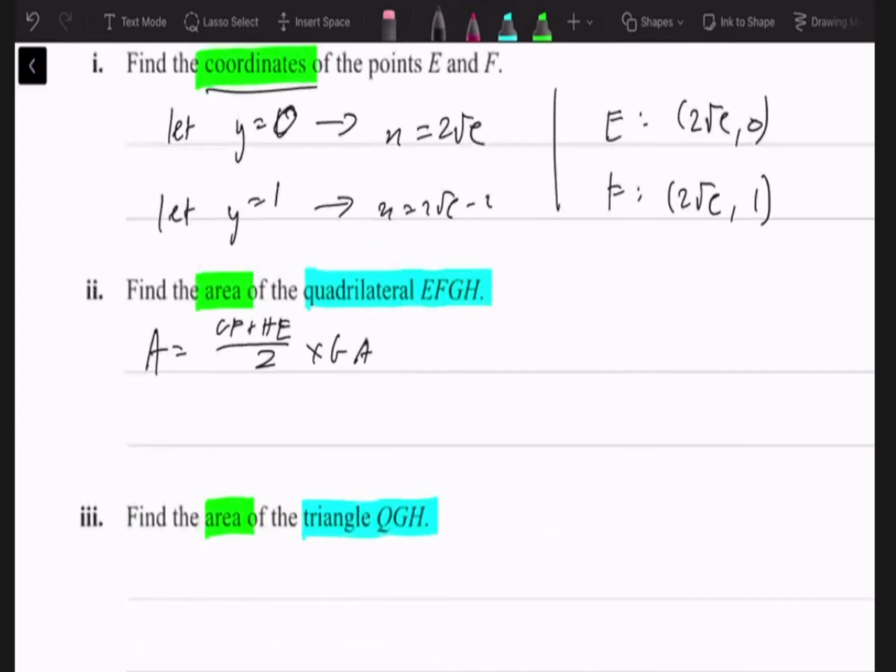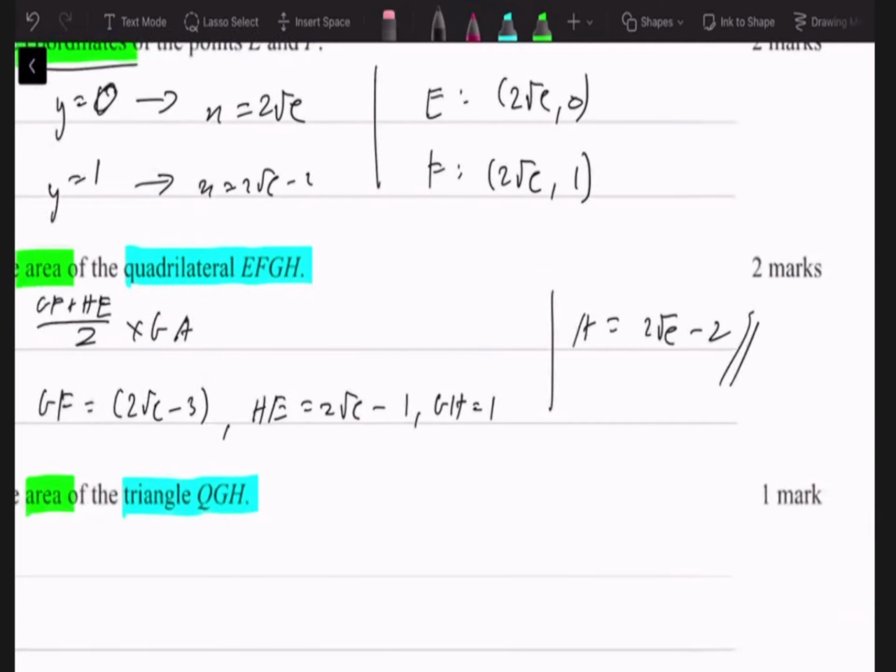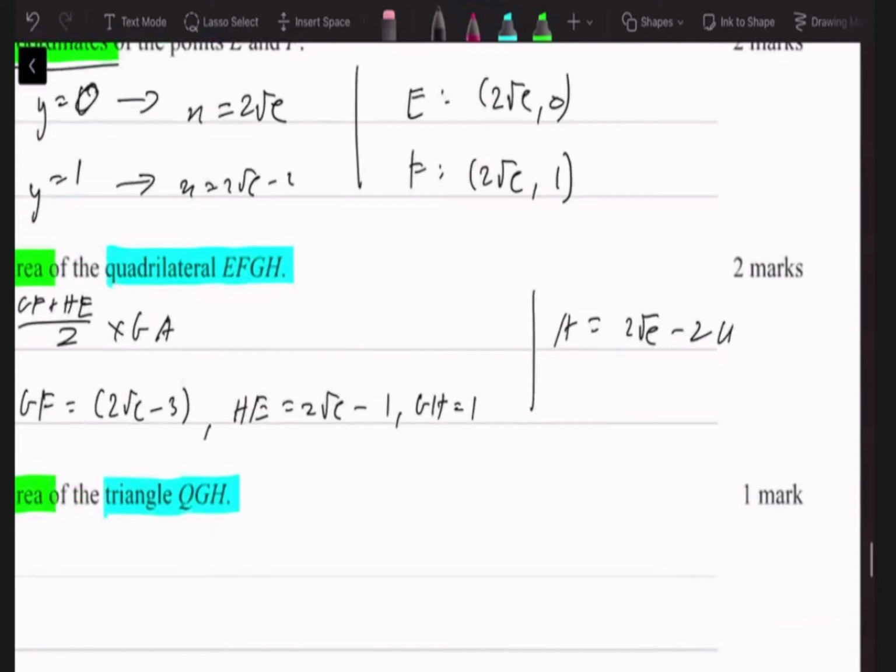So let GF is 2 root e minus 3 and HE is 2 root e minus 1 and GH is 1. So that means area is 2 root e minus 2. Oh, sorry. And just write units.